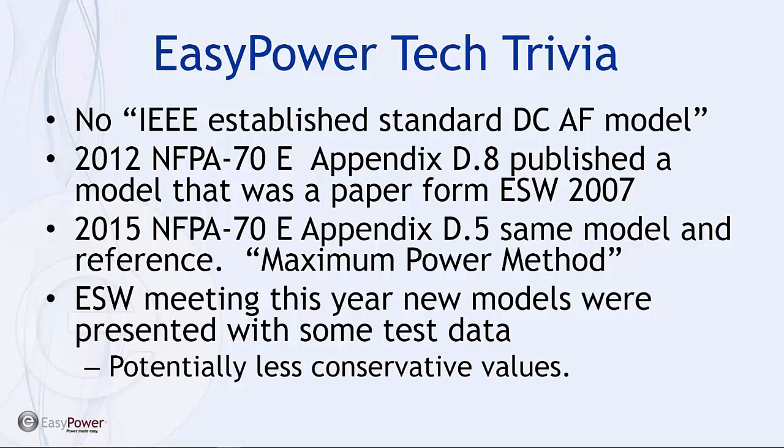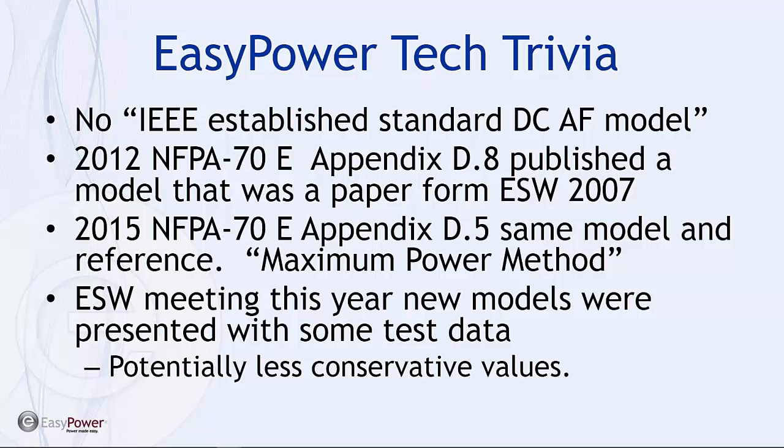So at this year's IEEE meeting, there were additional papers presented, and expectations are with the next release of NFPA 70E, we may have some new modeling made available, and chances are it may come from the results of this most current electrical safety workshop that IEEE held this last month.